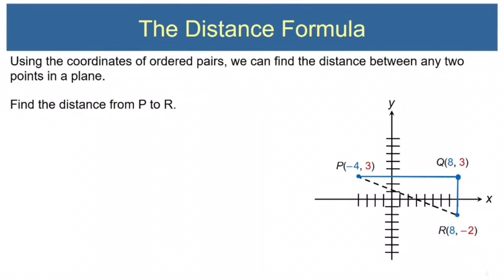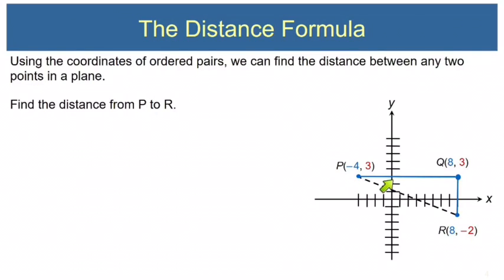Now, we're about to learn the distance formula, but before we just throw the formula out there, I thought it would be helpful for you to think back to the Pythagorean theorem, which you probably remember from middle school, or at least you remember a little bit about it. If we want to find the distance, say from point P to point R, one thing we could do is draw a right triangle so that the distance that we're looking for is the hypotenuse of that triangle.